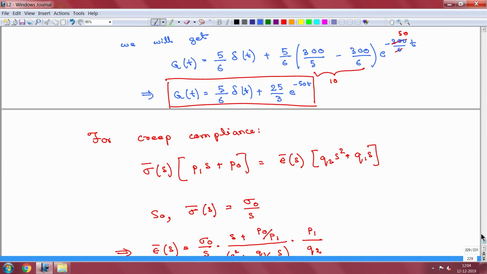So, we have two characteristic time scales corresponding to the two different functions that we have explored, right. And one we know as the relaxation time scale. So, the characteristic time scale associated with G(t) is the relaxation time scale, whereas the one that is associated with the creep function, that is the retardation time scale, right.